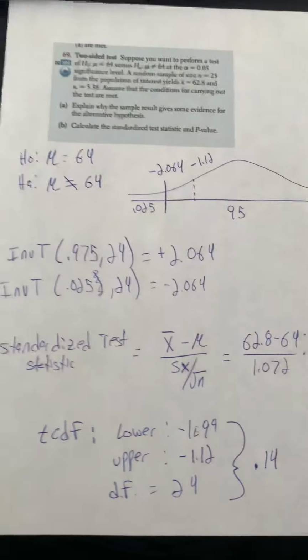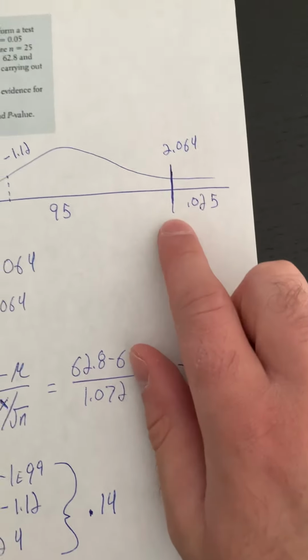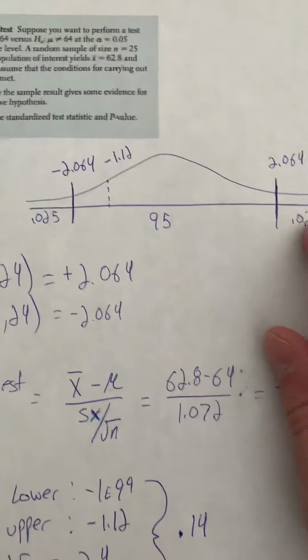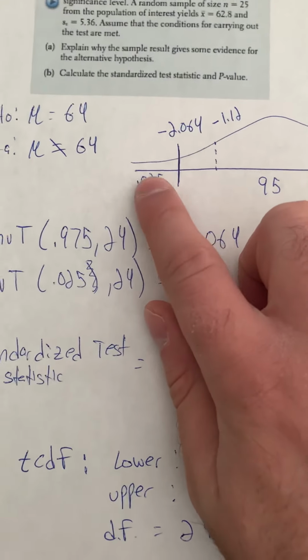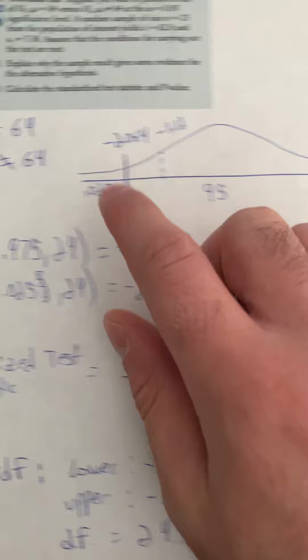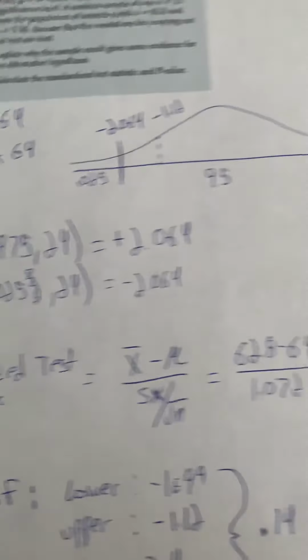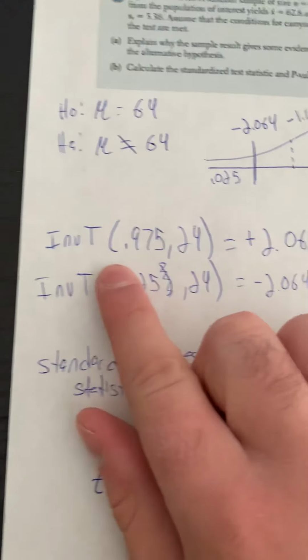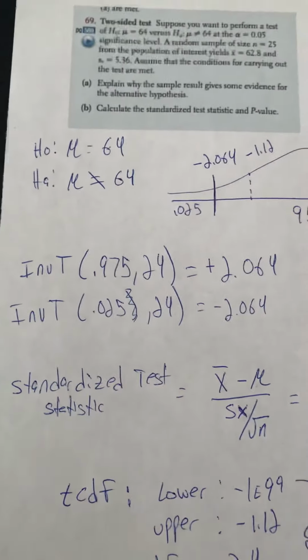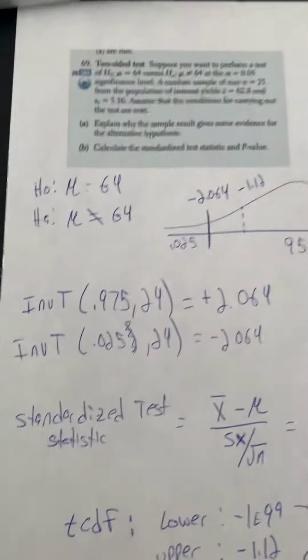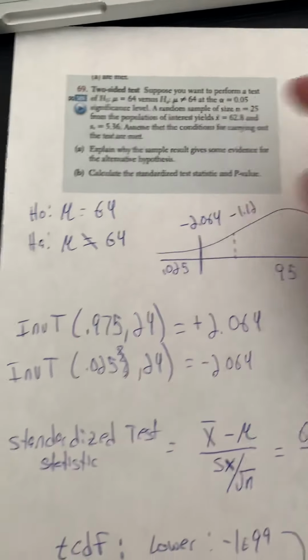Okay? So first of all, let's find the critical values, the cutoff points, so that the area in the left tail is 0.025 and the area in the upper tail is also 0.025. So for this, you can use the inverse t function. Remember, we're using t distributions because we're doing tests about means.